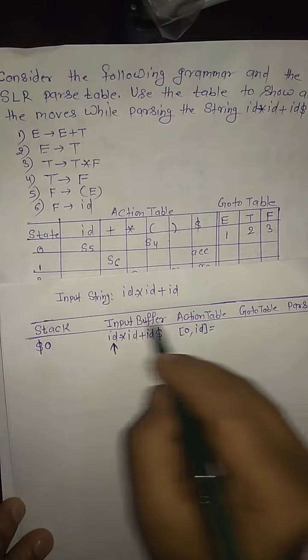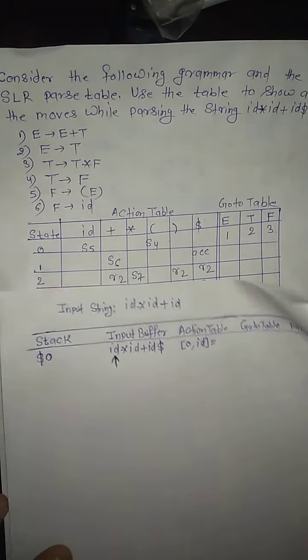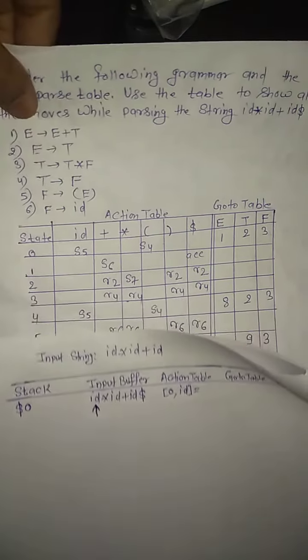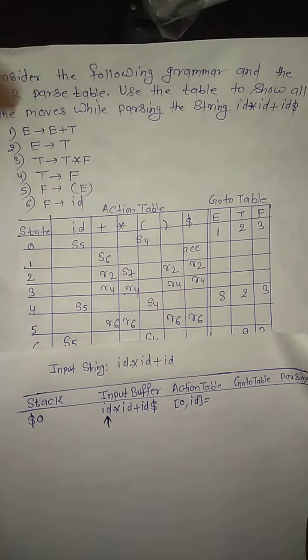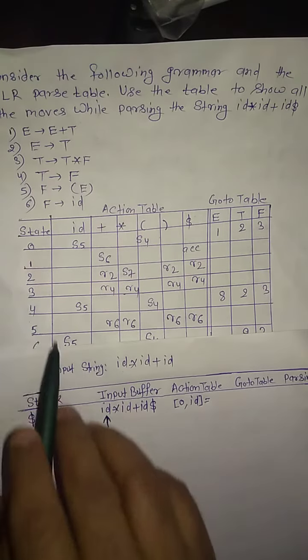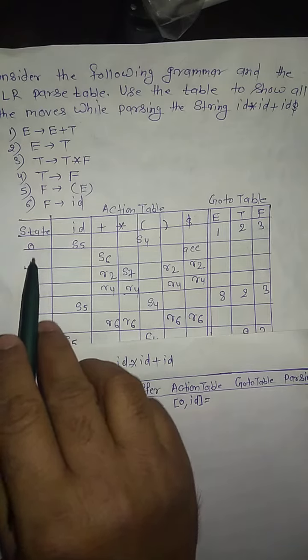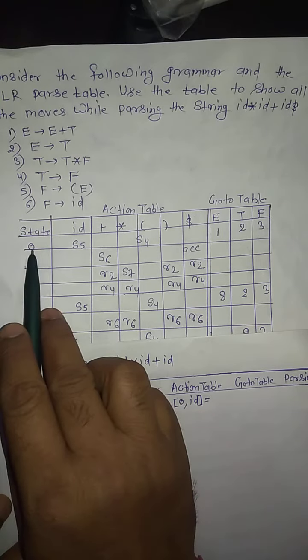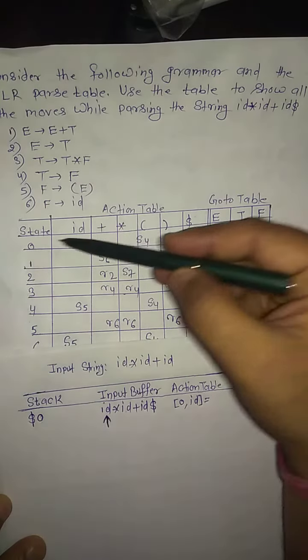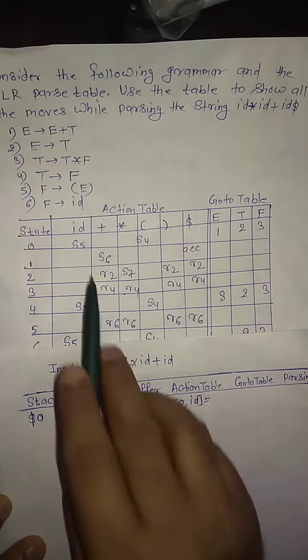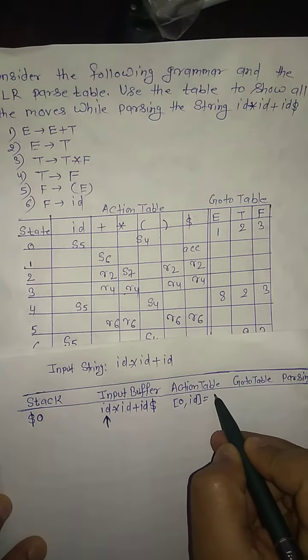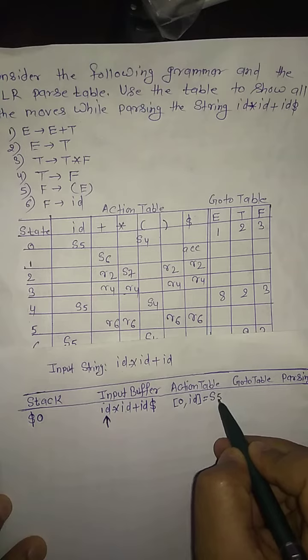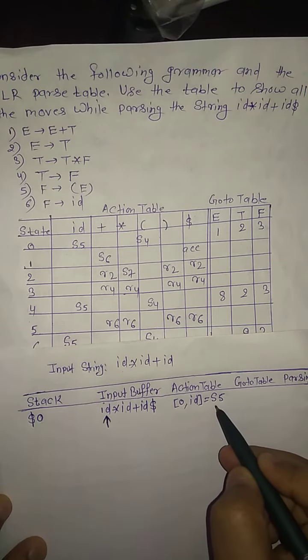Now you go to the SLR parsing table and find the 0th state and ID column. There we have S5. So you write here S5. What does S represent here? S represents the shift operation.